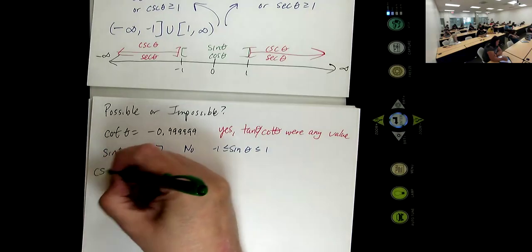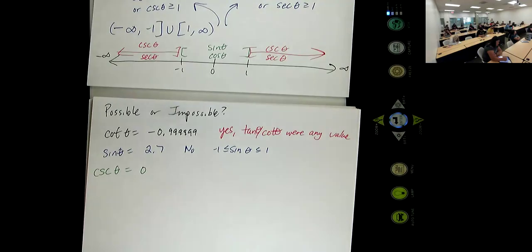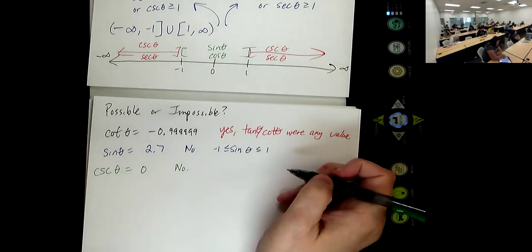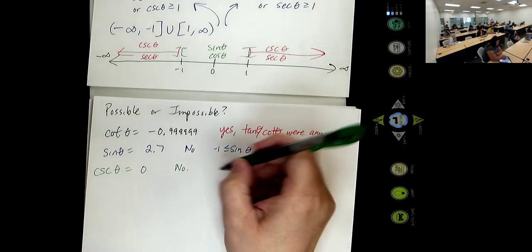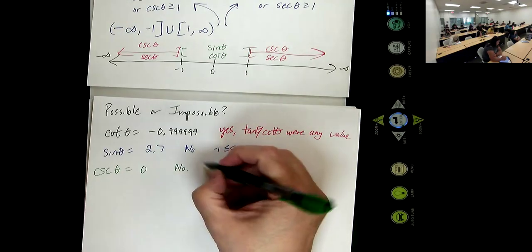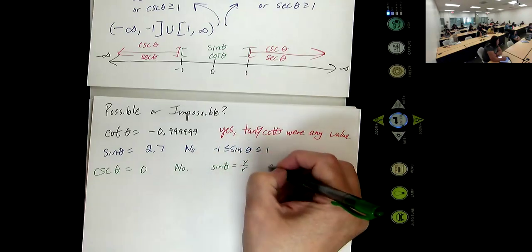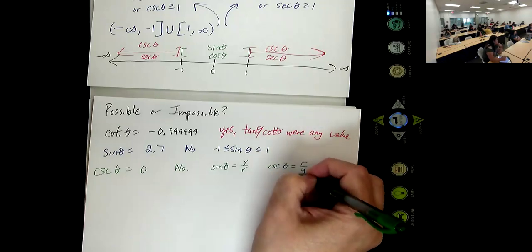And cosecant theta equals 0? If it helps you, stop and think about it. Cosecant, or sine, is y over r, so cosecant theta is r over y.